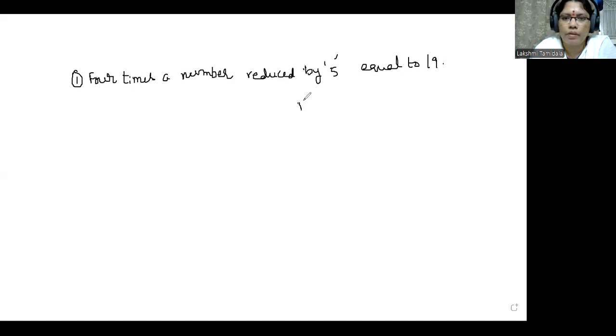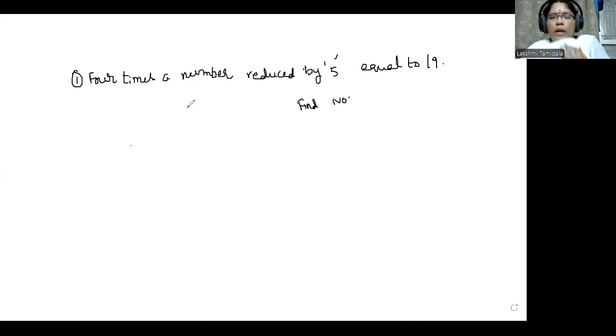Find the number. So what we have to do is, 4 times a number reduced by 5 equal to 19.